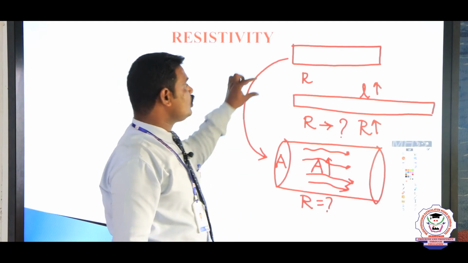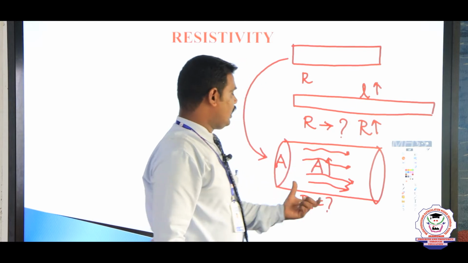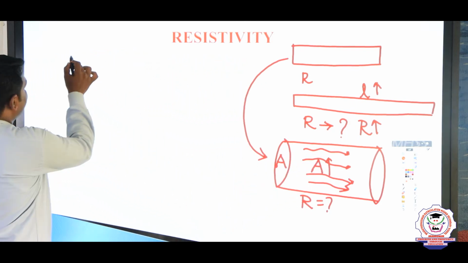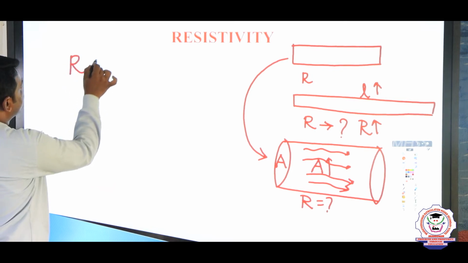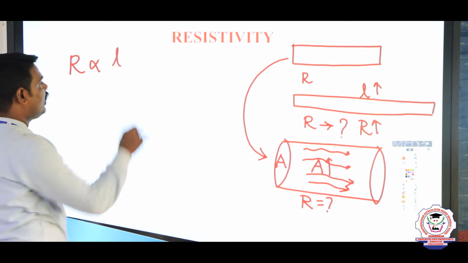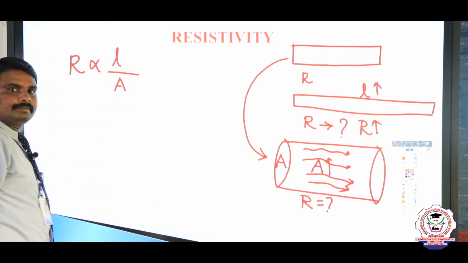So this resistance depends upon the length of the conductor and the area of the conductor. Resistance R is directly proportional to the length of the conductor and inversely proportional to the area, right?